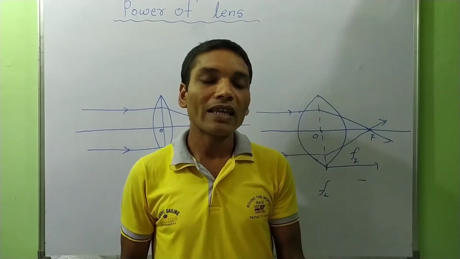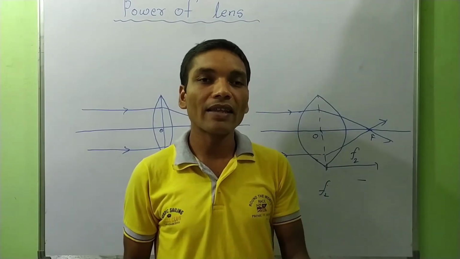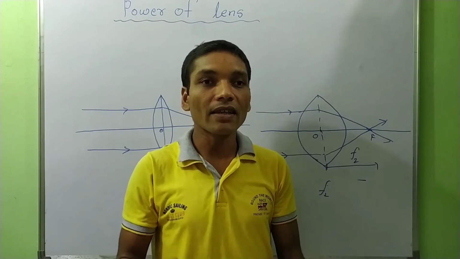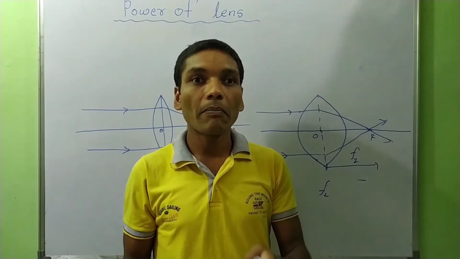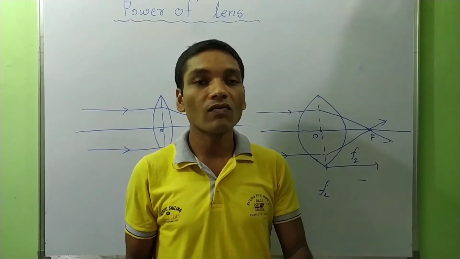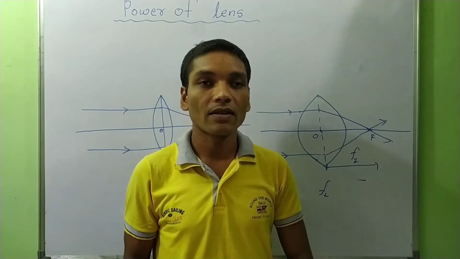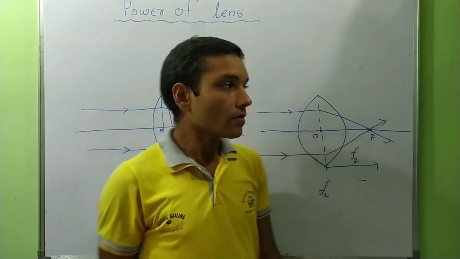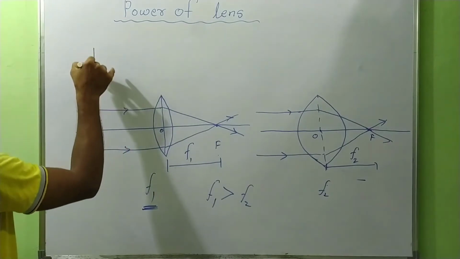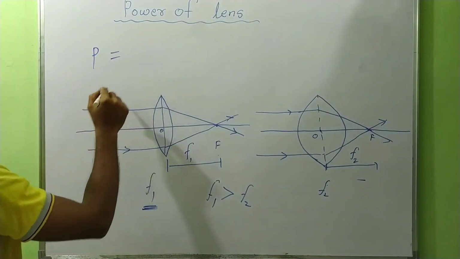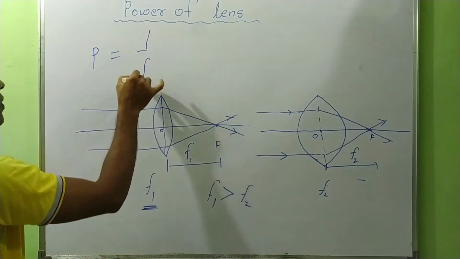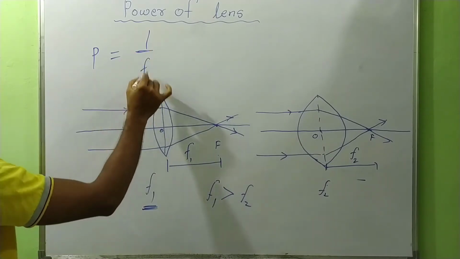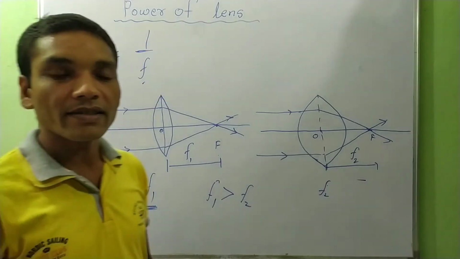If the focal length of any lens is increased, then the power of the lens will decrease. Okay, so the power of the lens must be reciprocal to the focal length of this lens.